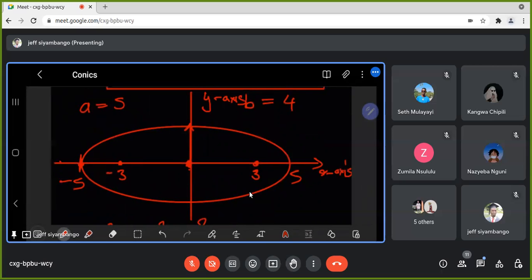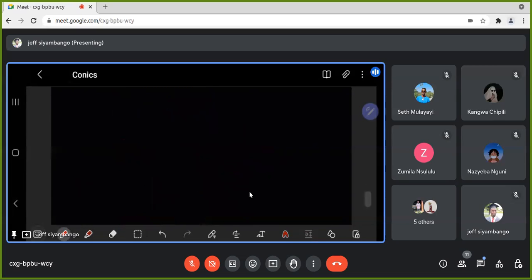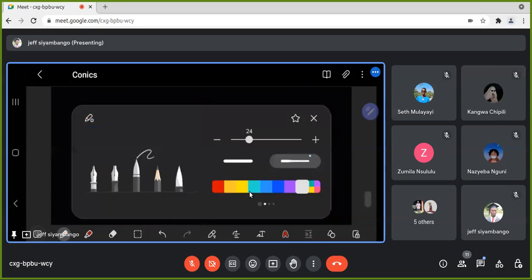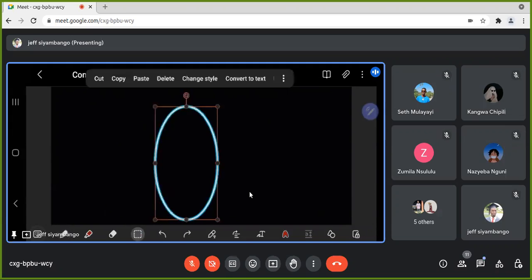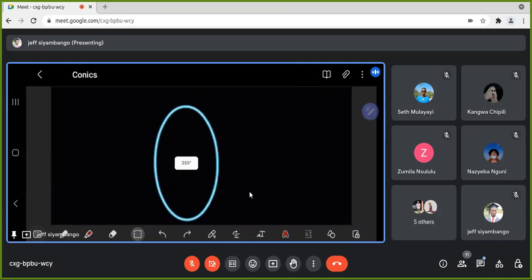Okay, so I hope that part is okay. Now, the only thing I'd like to point out here is that if the ellipse was not centered at the origin, let's say you have an ellipse whose measure is in the vertical axis, something like this. Is this better?